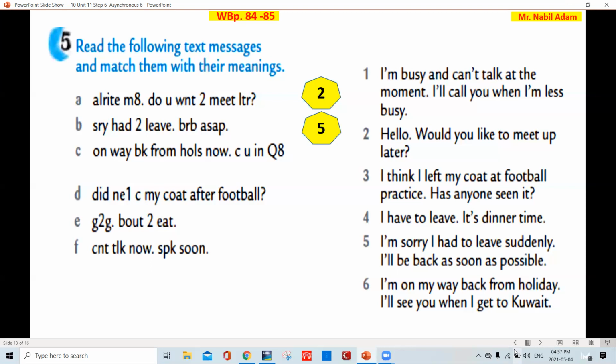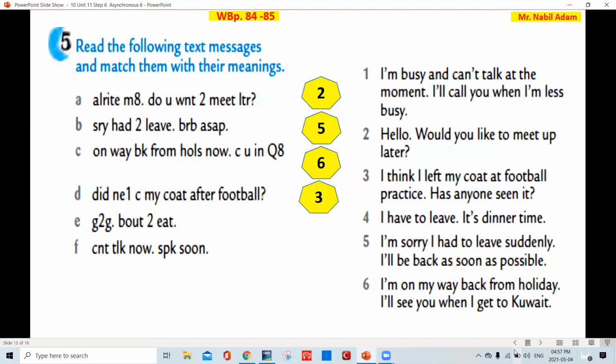I'll be back as soon as possible. As soon as possible, ASAP. C, number 6. I am on my way back from holiday. I'll see you when I get to Kuwait. How to shorten Kuwait? Q8. And holiday, hols.